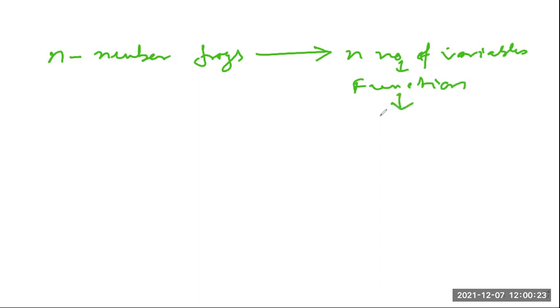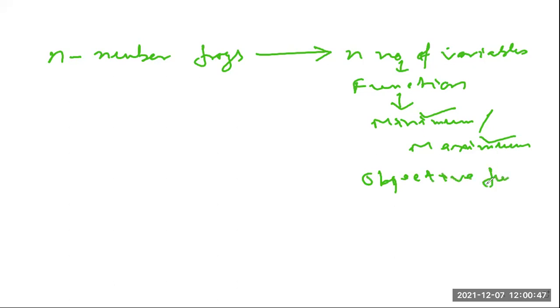Now this function has some minimum value or some maximum value. Depending upon the type of problem, either we are going to minimize this function or maximize it. When we have to do this kind of problem, there is a term called the objective function.